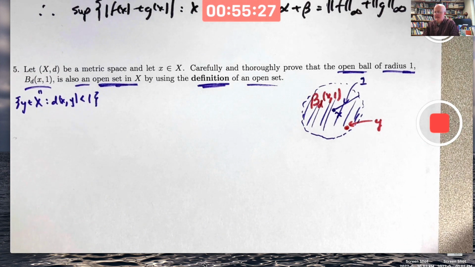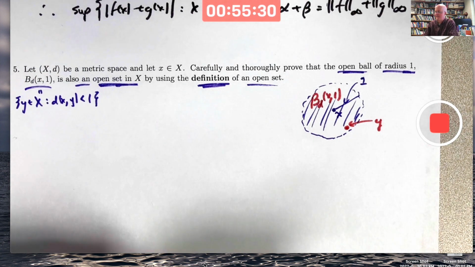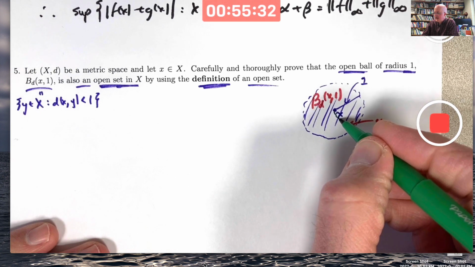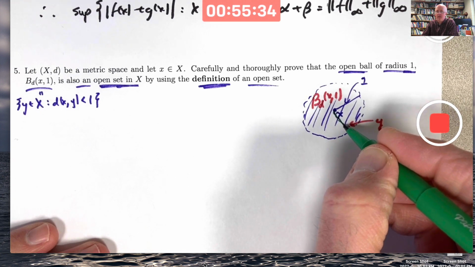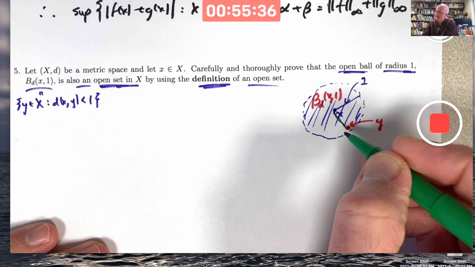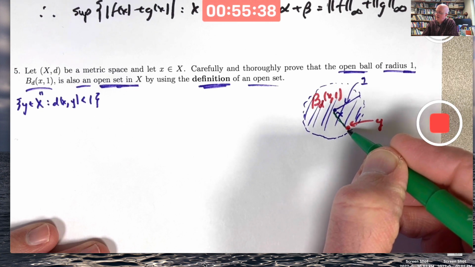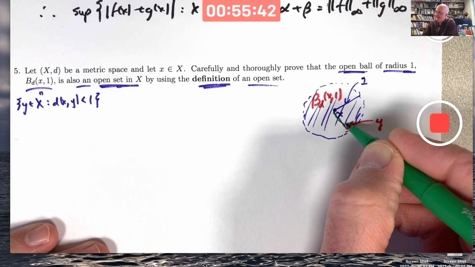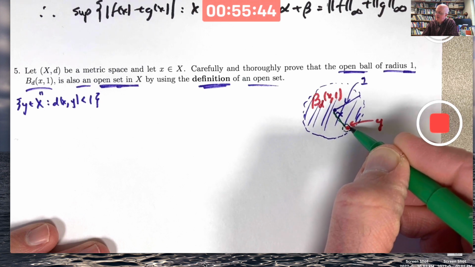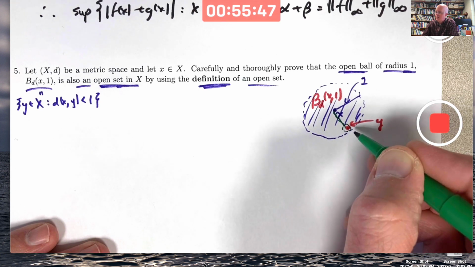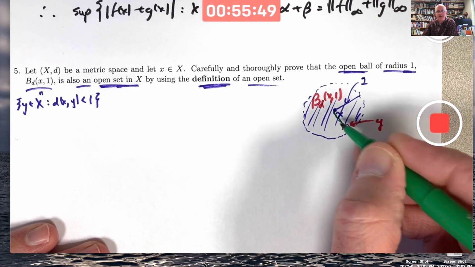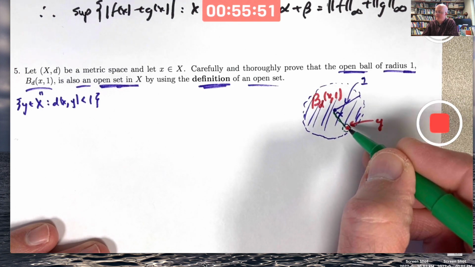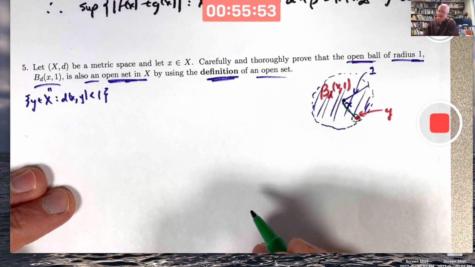How small should it be? The distance between x and y is some number less than 1. I want to make the radius I use for the open ball centered at y, if you think about it carefully, less than 1 minus the distance between x and y.